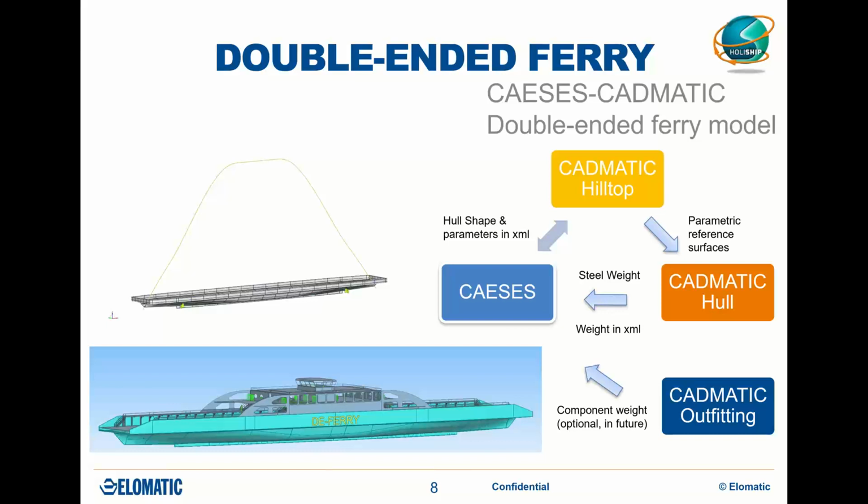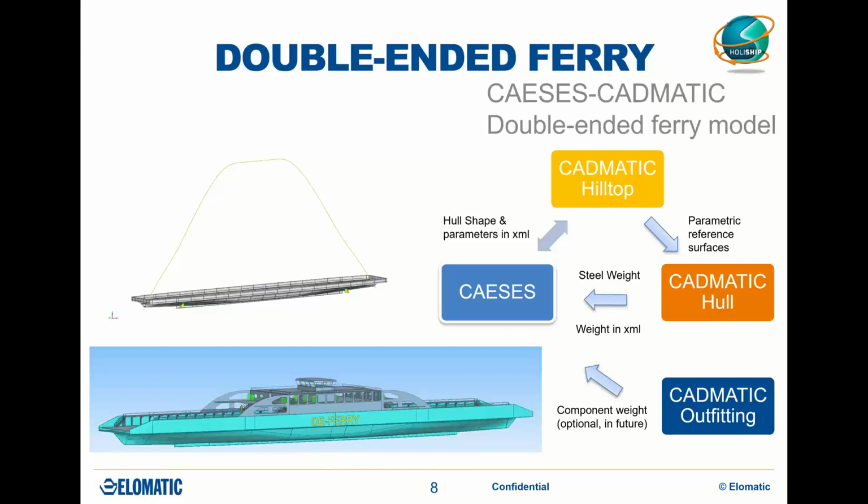CADMATIC Marine consists of 3 internal modules, which are CADMATIC high-level topology, also known as HiLoTop, and then CADMATIC Hull and CADMATIC Outfitting. I will just say something about CADMATIC HiLoTop.